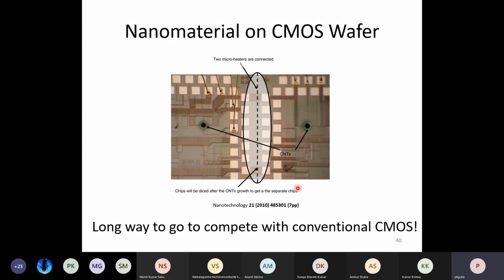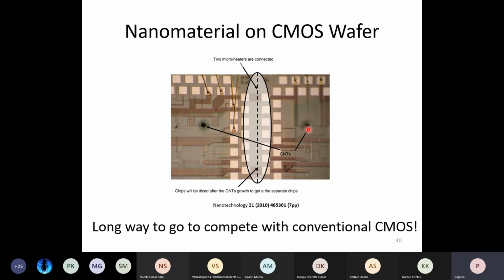So what we did is coat a very thin layer of iron or nickel or cobalt, that is the catalyst, and heat it up a little bit so that it forms islands. Then there are heaters here, and here, which will locally heat and take this portion to 600 to 800 degrees centigrade, so that carbon nanotube only forms here.